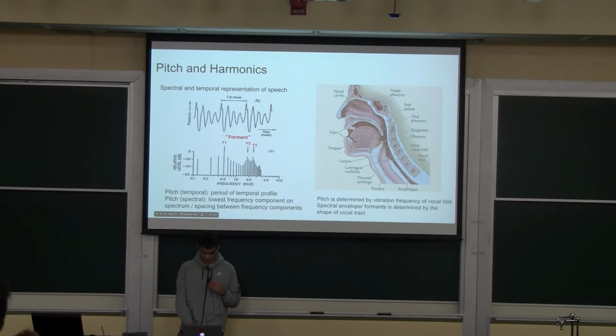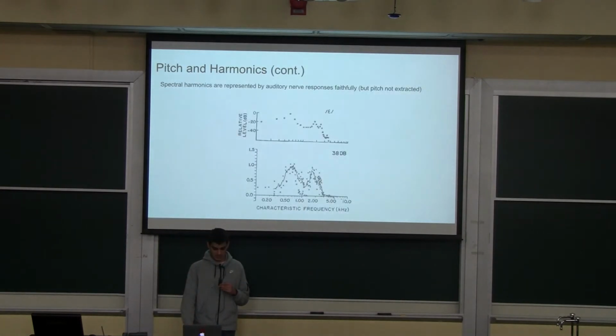And like you're saying, the envelope and the formants you determine depending on the shape of the vocal tract. He explained this in a little more detail in the lecture, but I'm not going to get into it now.